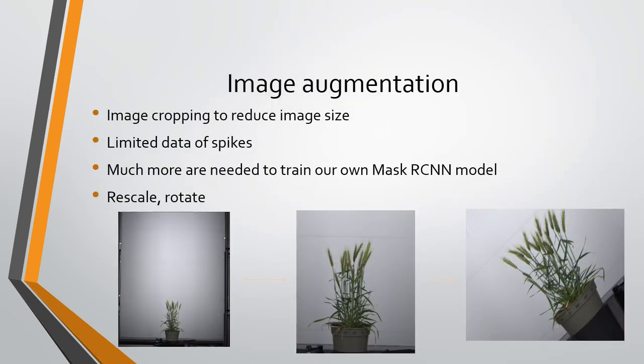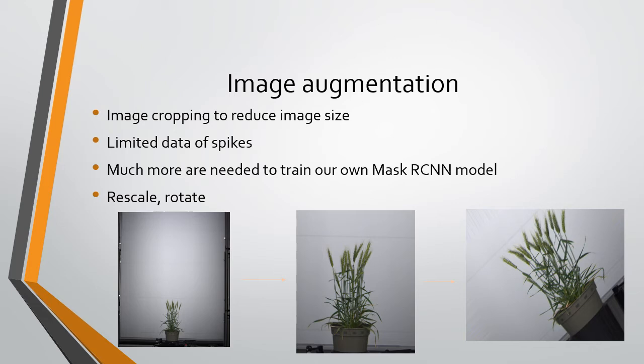In order to train our algorithm, we had to use some image augmentation. This includes cropping the images to reduce their image size, which helps us contain the images without wasting too much space.